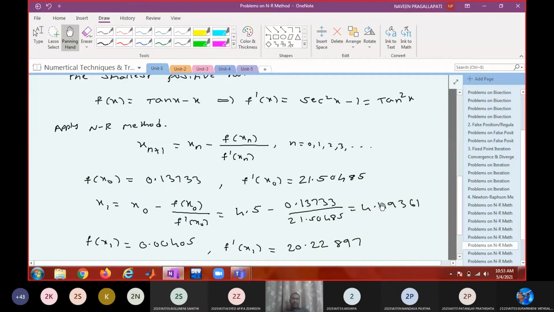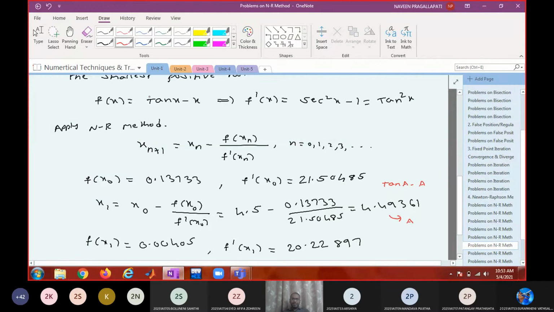Store this value in a variable and just simply perform tan a minus a. In this case, tan square a. Don't enter the value every time, 4.49361, like that. Simply store the value.